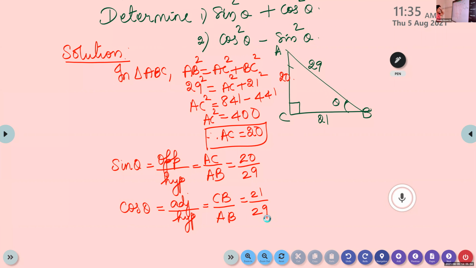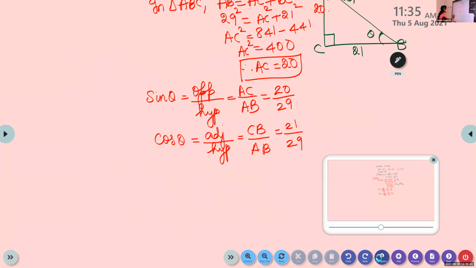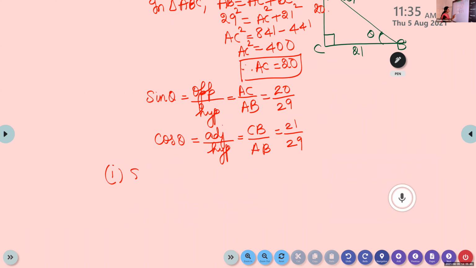So we have sine theta and cos theta. Now let us calculate what is asked. First, sine square theta plus cos square theta. Children, please note, sine square theta means sine theta the whole square.